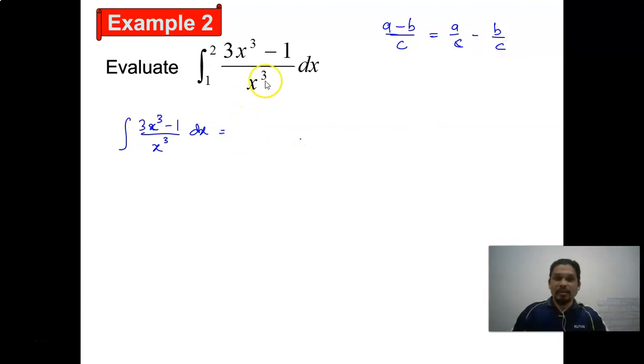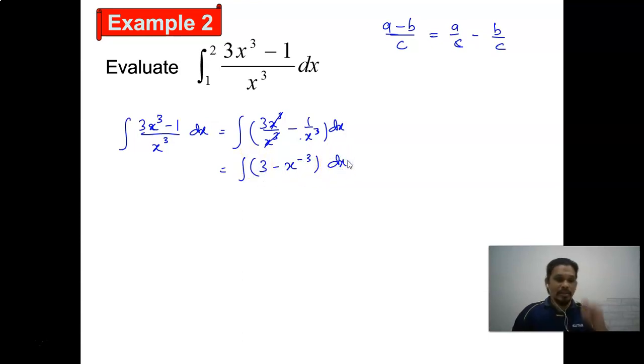So here, the integral of 3x cubed divided by x cubed minus 1 over x cubed dx. So x cubed divided by x cubed, the integral of 3 minus x to the power of negative 3 dx.